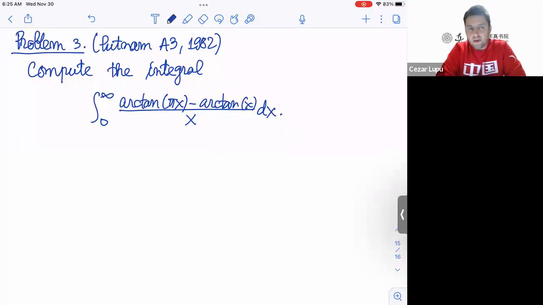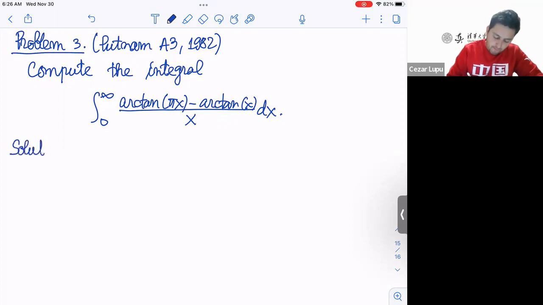And now we'll do the same thing: I'll differentiate under the integral sign and so on. In fact, this integral is just a special case of a much larger class of integrals called Frullani's integrals, which are very important in engineering. We'll point out that remark.